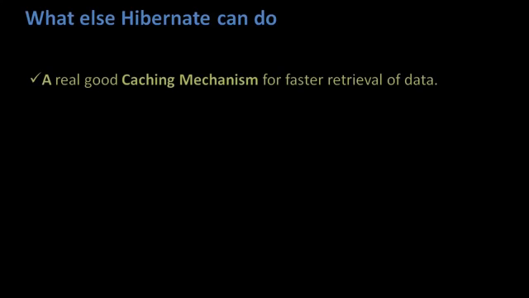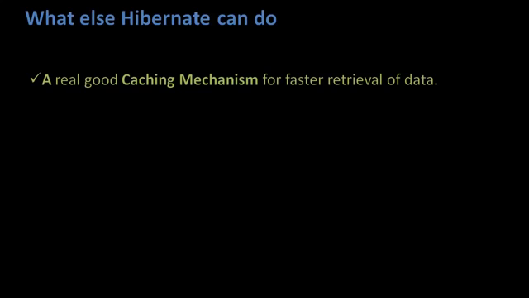Apart from these important features, Hibernate has more to offer, which sometimes makes it more than a traditional ORM tool. Whenever we are loading any object from the database, Hibernate first verifies whether that object is available in the cache memory or not. If yes, it will load the object from the cache, otherwise it will load it from the database.